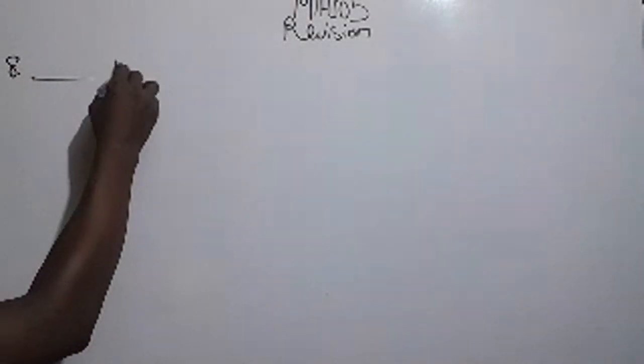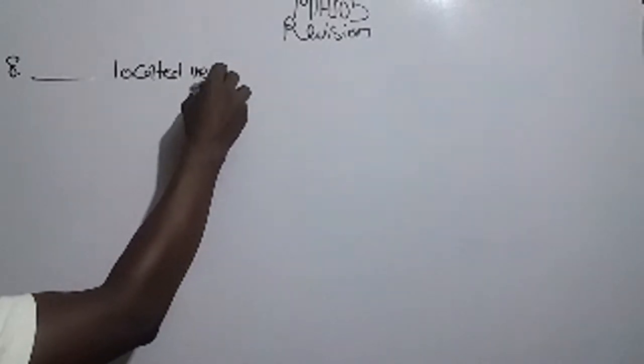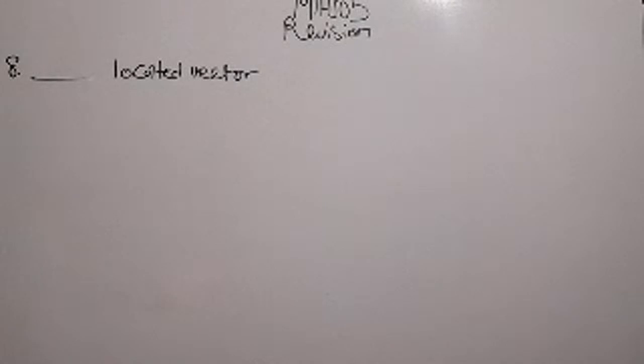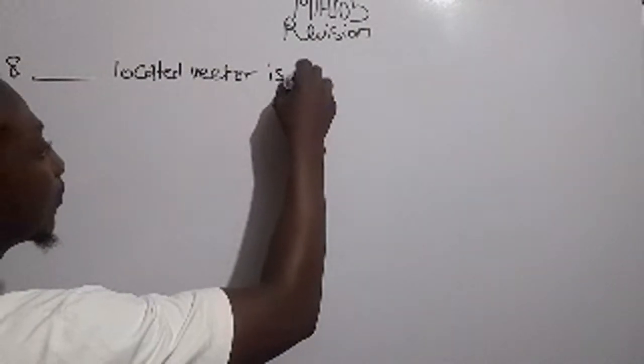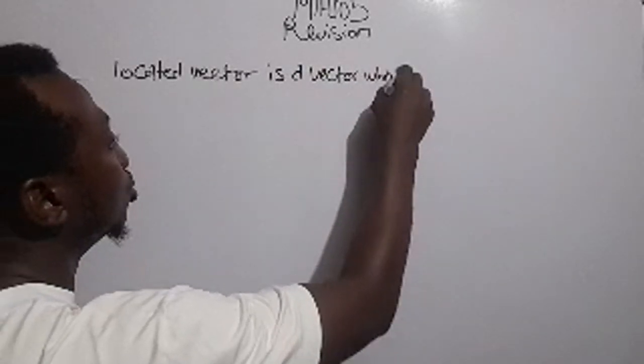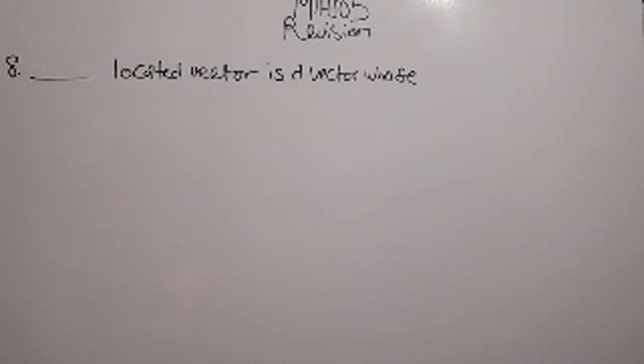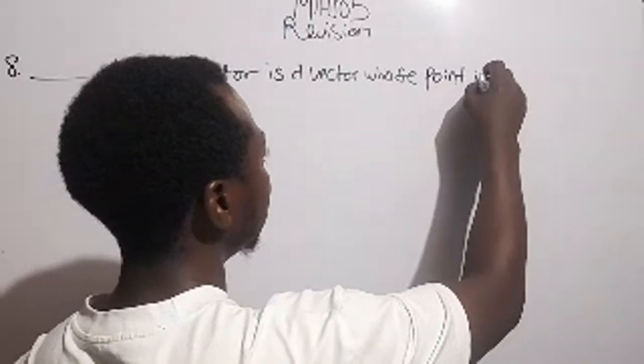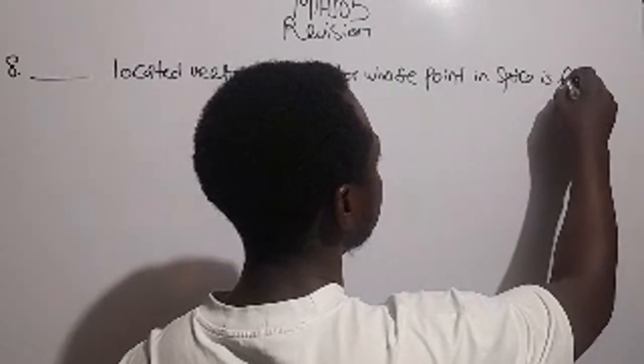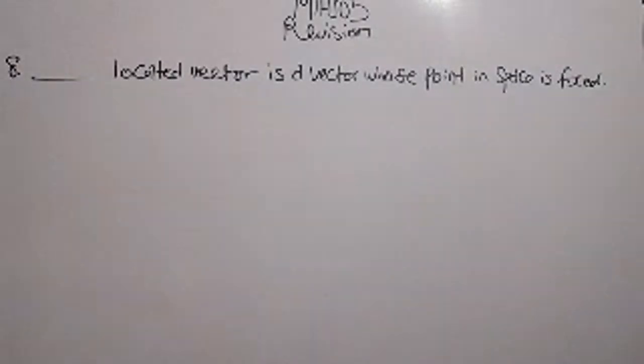Located vector is a vector whose point in space is fixed.